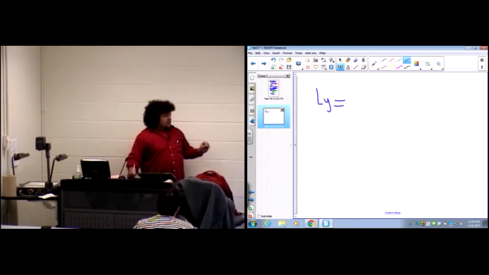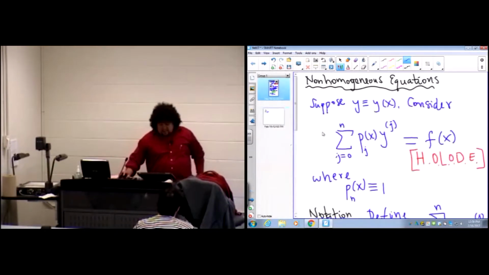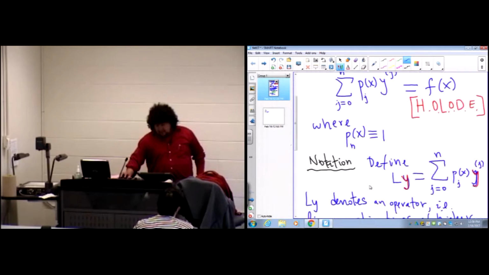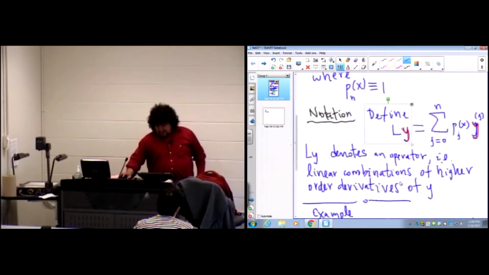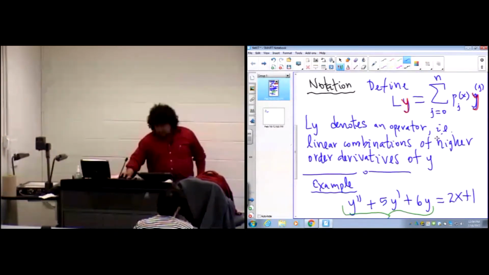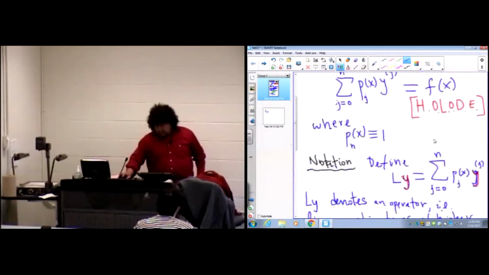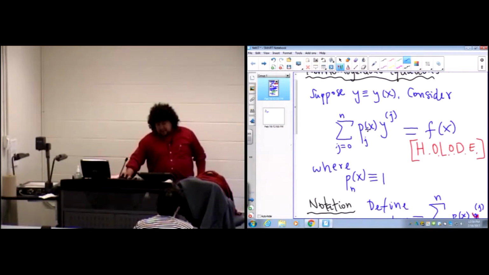That's how we want to write the problem in short form: L of y equals f of x. Here I'm going to sketch this in two scenarios, where L of y equals something over here, or something over there.